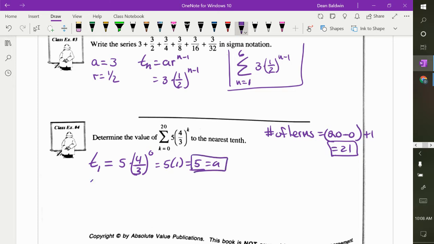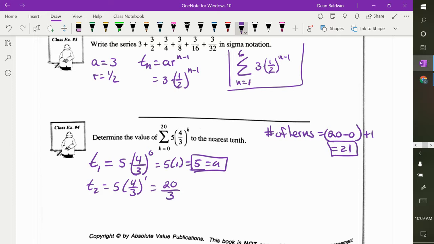Now you have to find the second term, so you put in k is equal to 1. So I get 20 over 3.